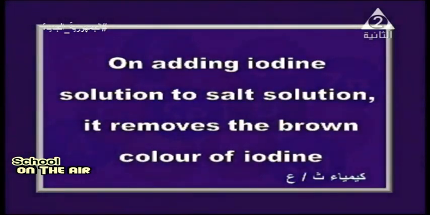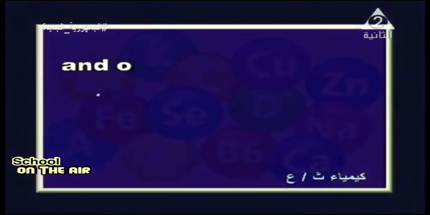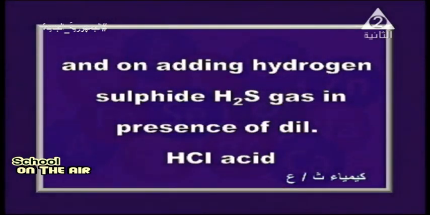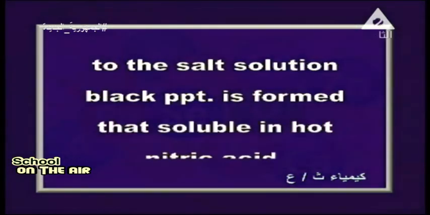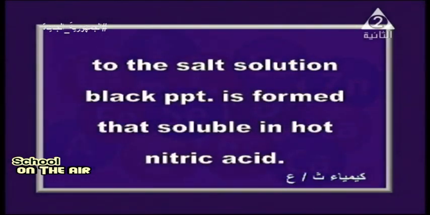Next point, on adding iodine solution to the salt solution, it removes the brown color of the iodine. Yes, it is the thiosulfate radical. And on adding hydrogen sulfide gas in the presence of dilute hydrochloric acid to the salt solution, it gives a black precipitate soluble in hot concentrated nitric acid.